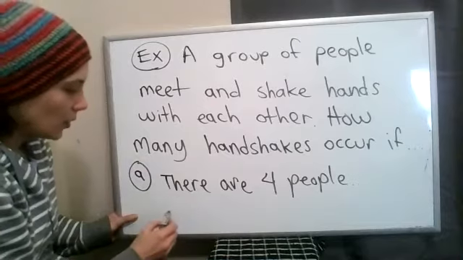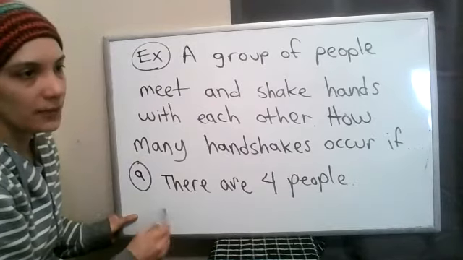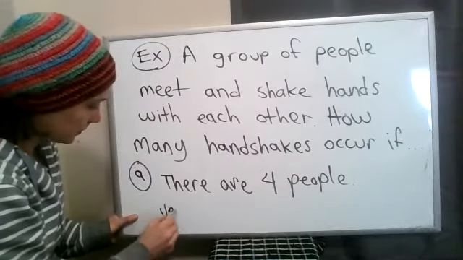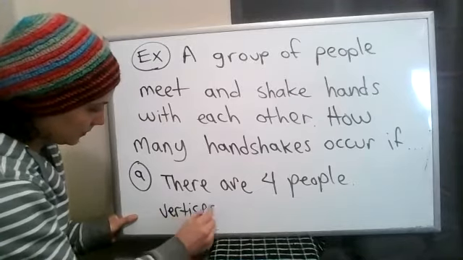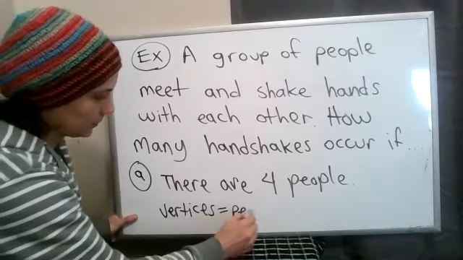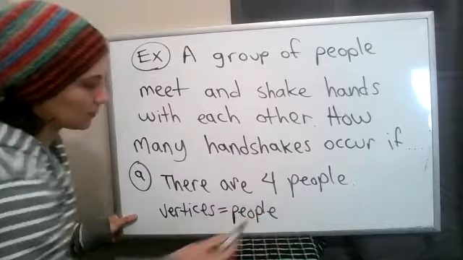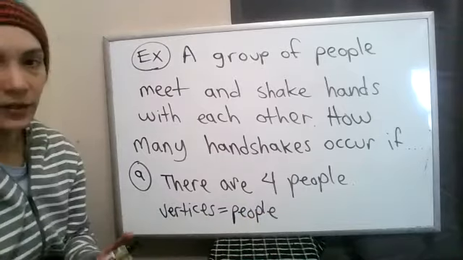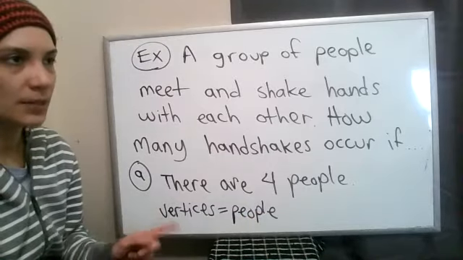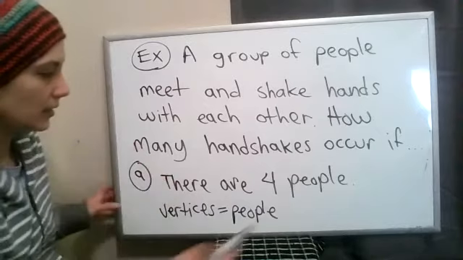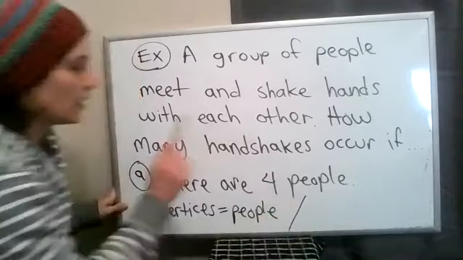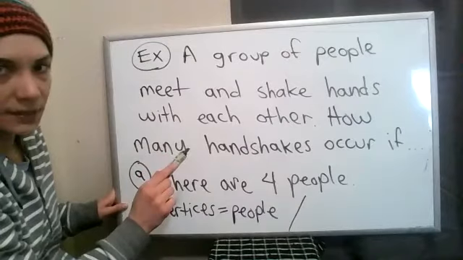Okay, we're going to have the people represented by vertices. And a connection between the people is going to be an edge or a handshake. So handshakes are going to be the edges.